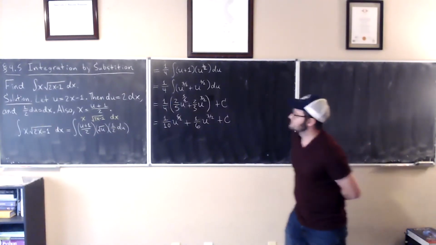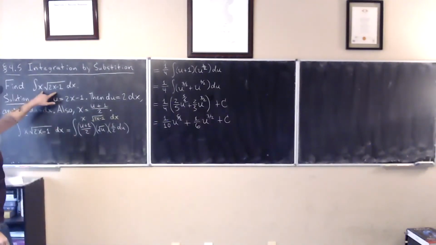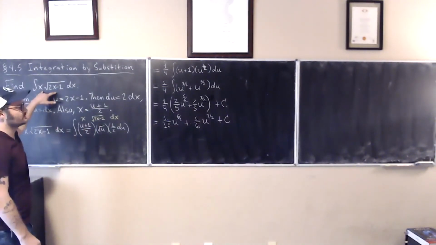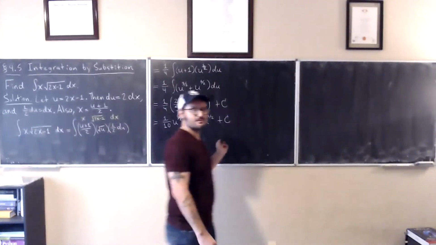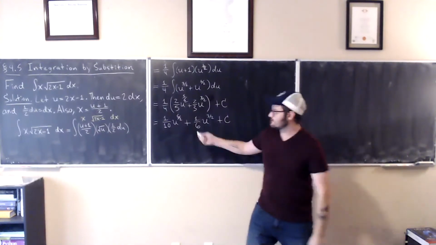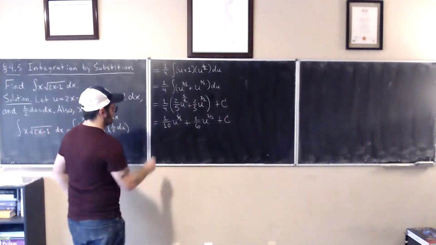However, again, and as before, we were asked to evaluate this indefinite integral with respect to the variable x. I don't see any variables x here, so I need to look back to see what u is, and then plug that back in.